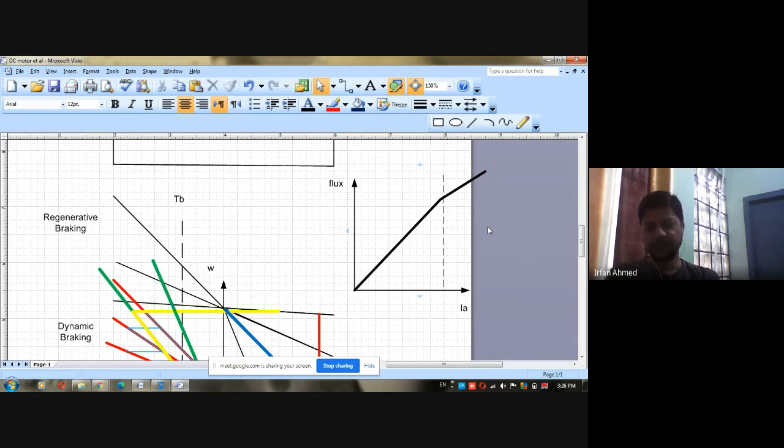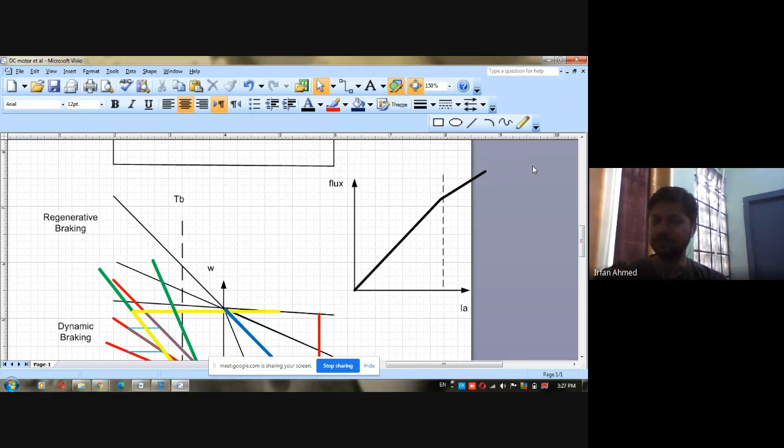It becomes saturated means even if you increase the armature current, there will not be a correspondingly equal increase in the flux. In fact, after a particular point, when the magnetic circuit becomes completely saturated, even if you increase the field current, the flux will remain constant. So if we consider saturation also, we cannot write an equation between the flux and the armature current. Correct?